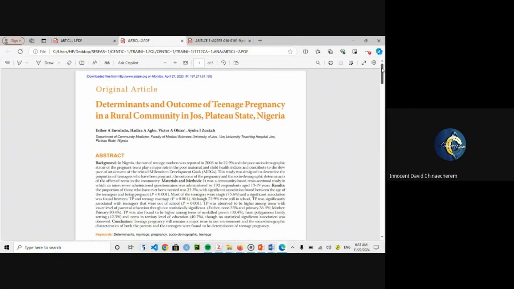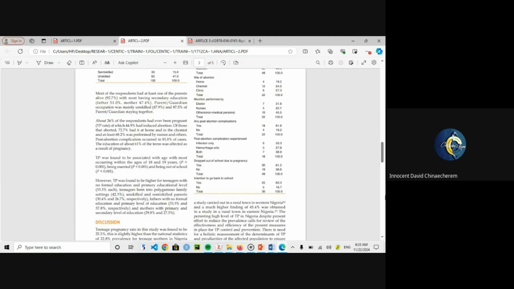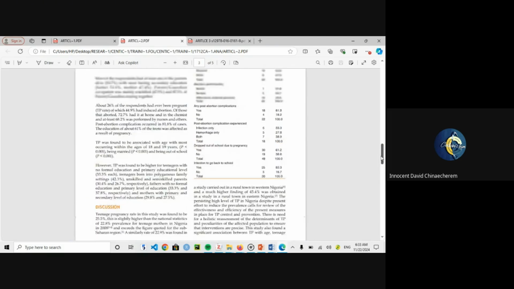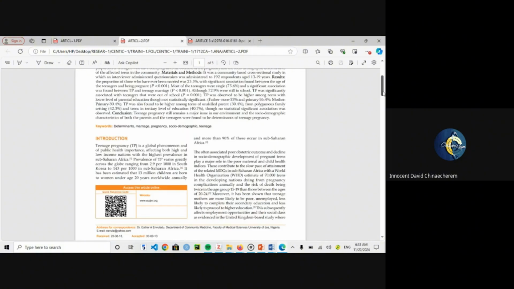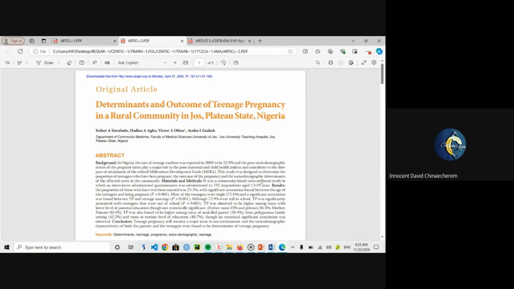Also, when we open this paper, we see that it might be slightly different in terms of the outcome measures. And when we open this, it is a qualitative study. So these are heterogeneous, in terms of their design. This is using a semi-structured deep interview, whereas this is using a community-based cross-sectional design, an interviewer-administered cross-section.